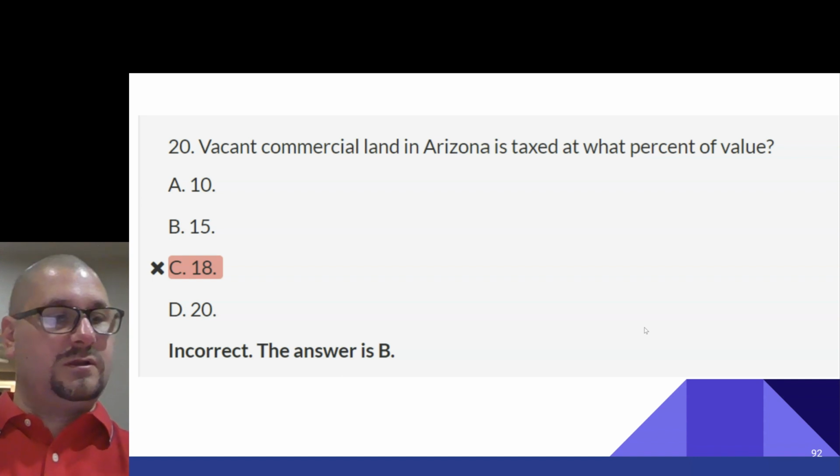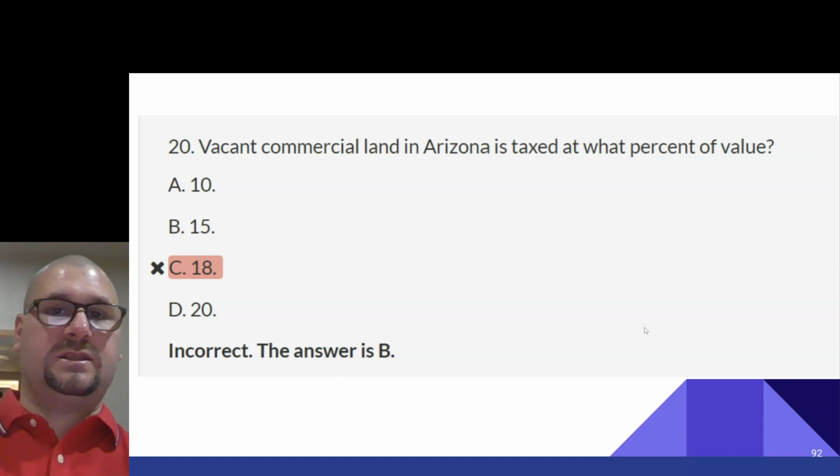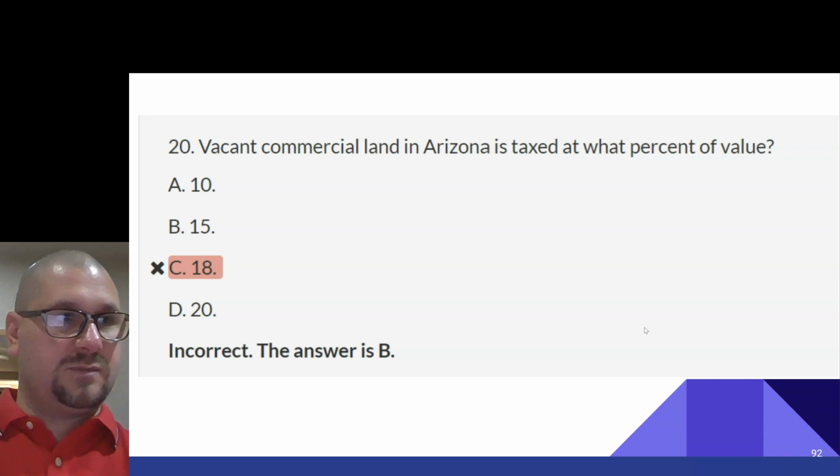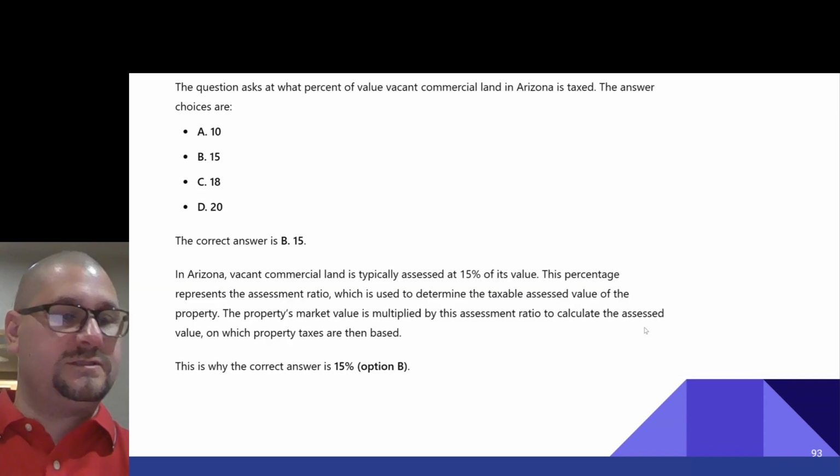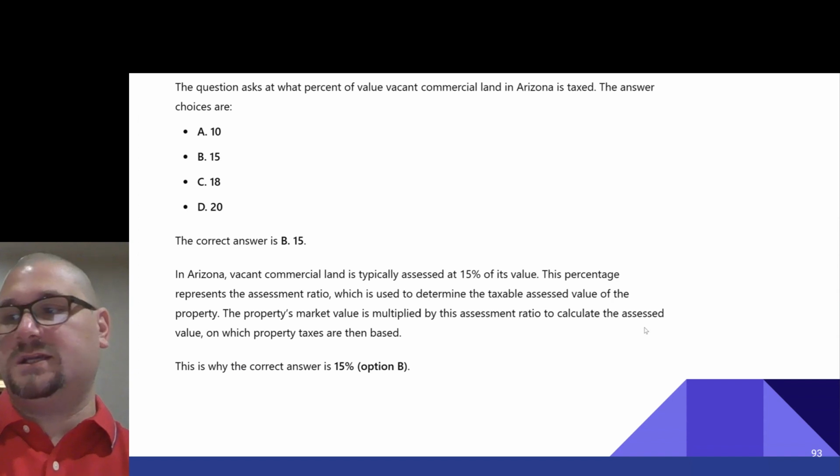Nobody's living there, and it's a business, commercial land in Arizona. It's taxed at 15%. Property taxes, when they're delinquent, what's the tax rate? 16%. Vacant commercial land is going to be taxed at what percent? 15. So these are high interest rate numbers, high tax rate numbers.